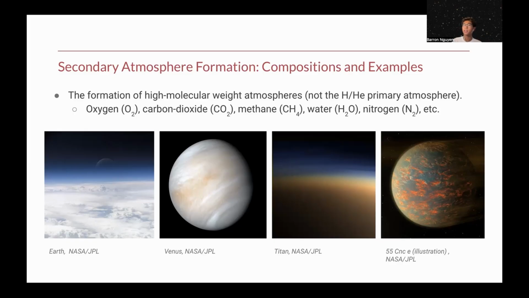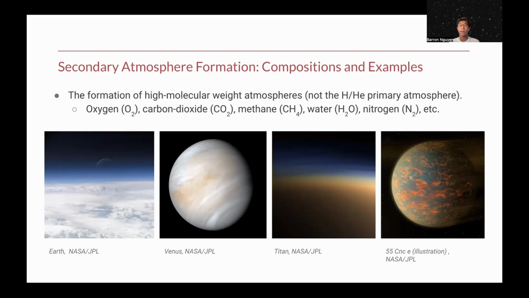I think this image was taken by a Japanese mission, actually, not by NASA JPL, by JAXA. That is the layered top cloud layer for Venus, and it's really, really white. It has an atmosphere made out of sulfur dioxide gases as well as carbon dioxide.